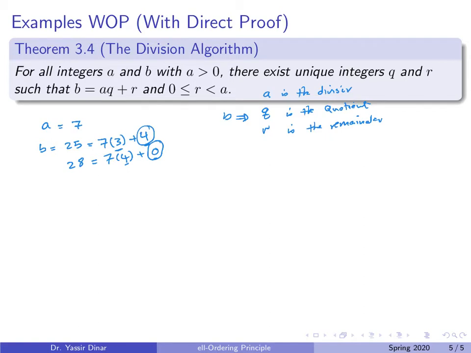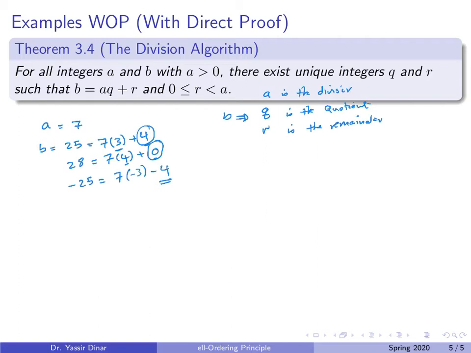Now, B can be negative, so I can take minus 25, and then students normally write this as 7 multiplied by minus 3 minus 4. But here minus 4 is not what the theorem tells me.